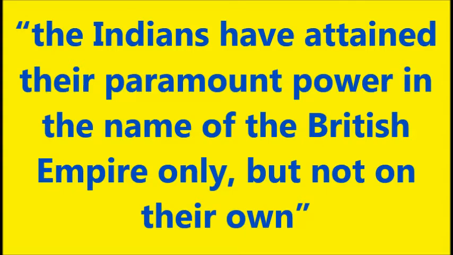This act declared that the Indians have attained their paramount power in the name of the British Empire only, but not on their own, and curtailed the political rights of Indians progressively.